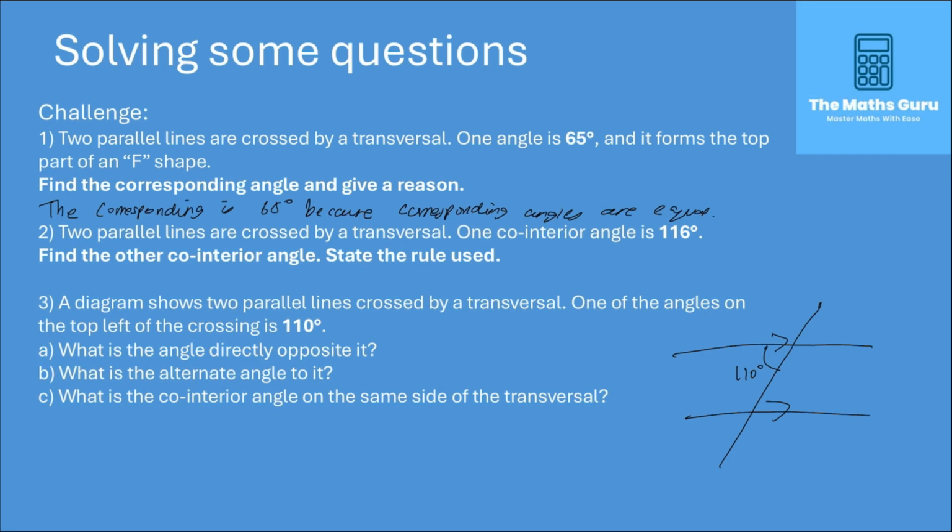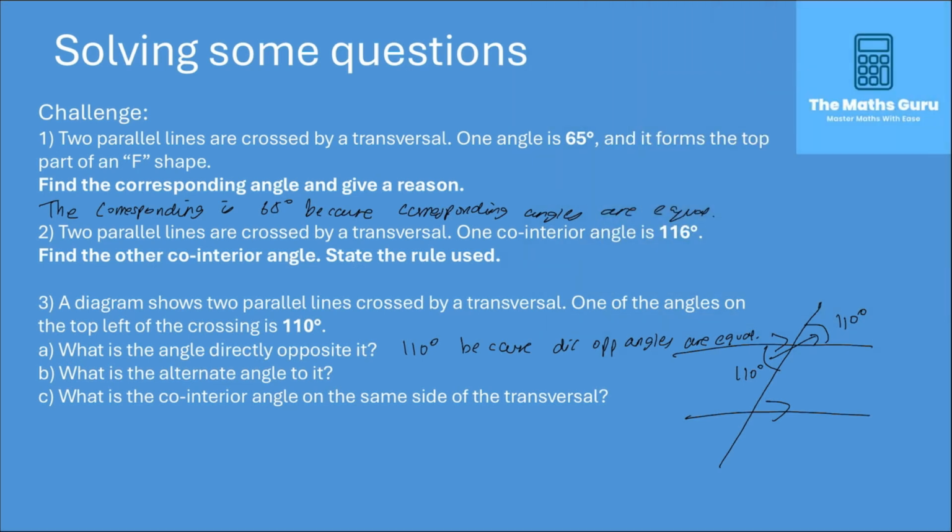And it asks us to find out what is the angle directly opposite it. So directly opposite will be here, which is going to be 110 degrees. And we can say 110 degrees because directly opposite angles are equal.